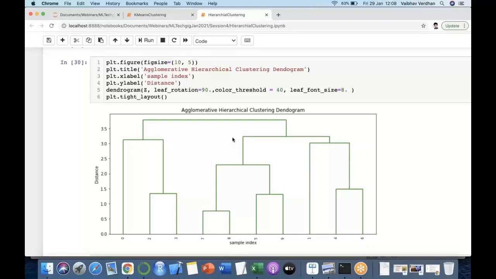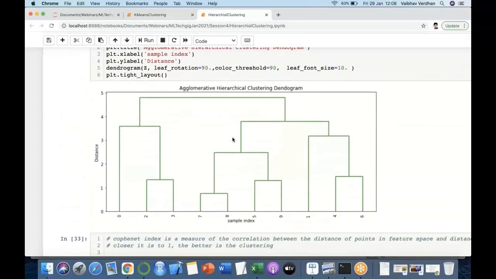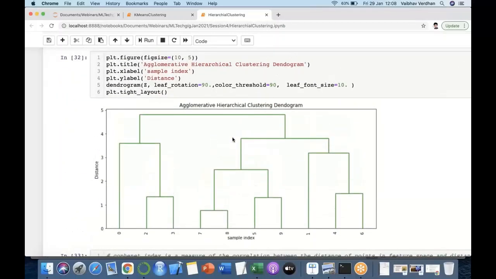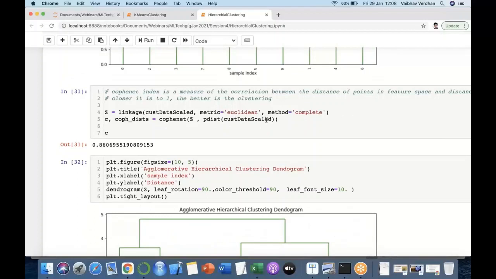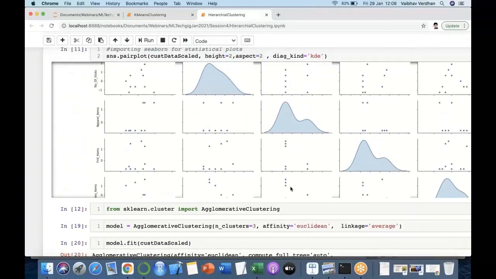You can see that over here we have different clusters and different observations, and different representations. Now, if I change my linkage: first we took average linkage, right?